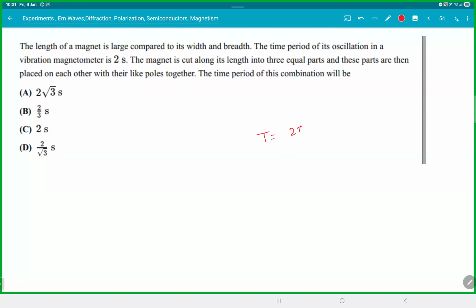Time period is 2 pi root over moment of inertia I by mb. Quite important. मतलब magnetism में every year whenever they ask, this is one of the question which keeps popping up. This is your moment of inertia. M is your magnetic moment and B is your magnetic field. Technically, this is BH actually.